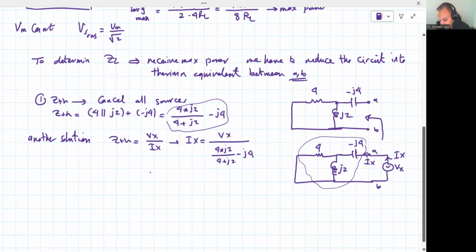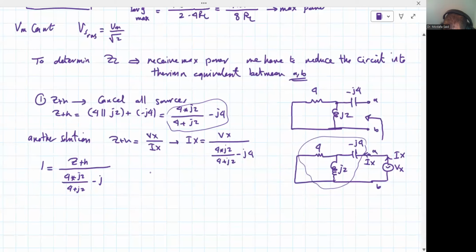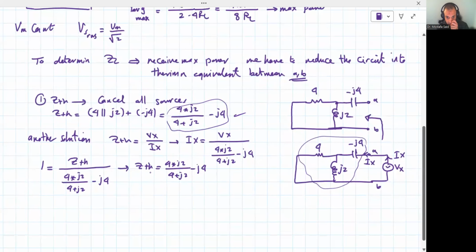If we divide by Ix both sides, 1 will be equal to Z Thevenin divided by 4 multiplied by j2 over 4 plus j2 minus j4. From that, Z Thevenin will be equal to 4 multiplied by j2 over 4 plus j2 minus j4, just like what we did. We need to simplify this.